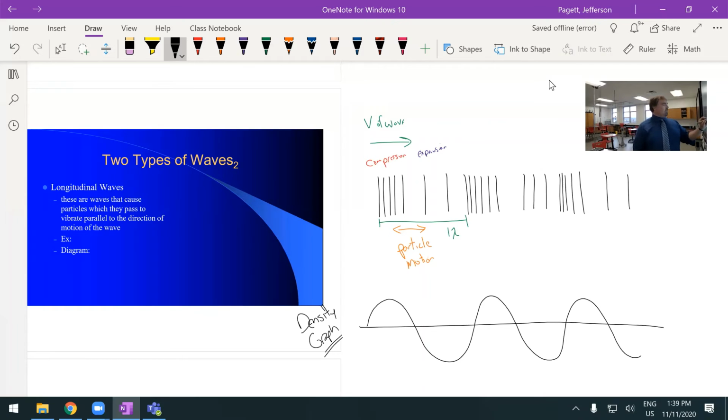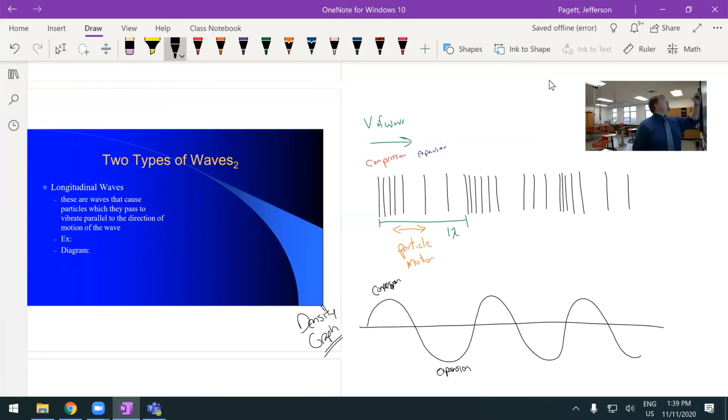So here's our spot of compression, or high density. Pen is massively messed up today. Compression, so high density, and here's my expansion. I just got to write slower.